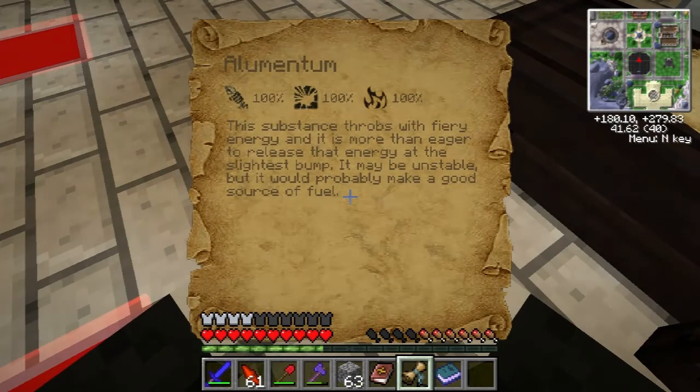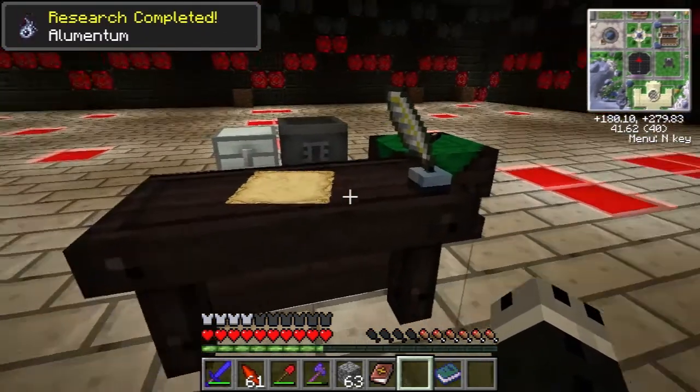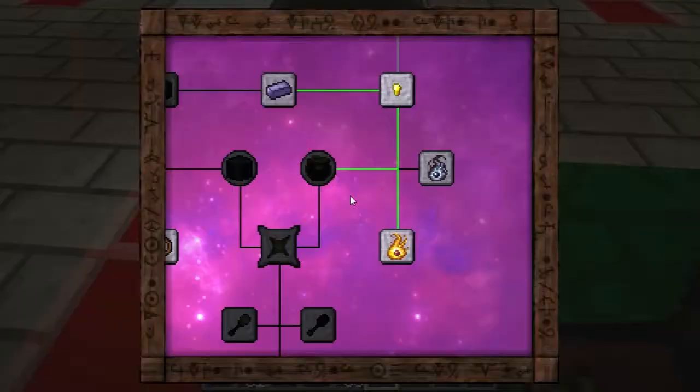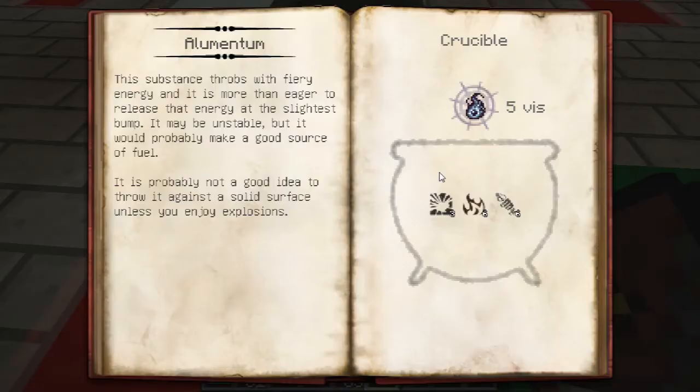Substance throbs with a fire energy, and it's more than eager to release that energy at a slight bump. It may be unstable, but it would probably make a good source of fuel. Huh. Interesting. This substance, probably not a good idea to throw it against a solid surface unless you enjoy explosions.